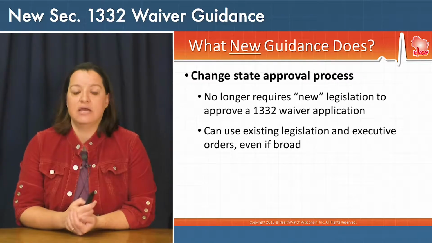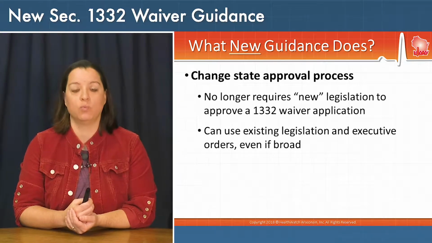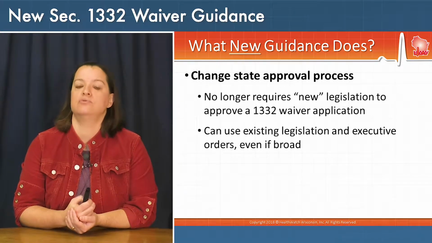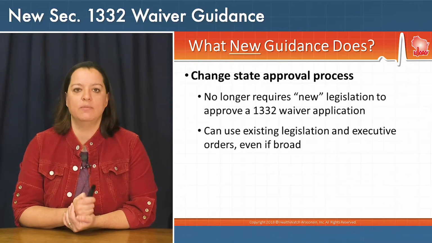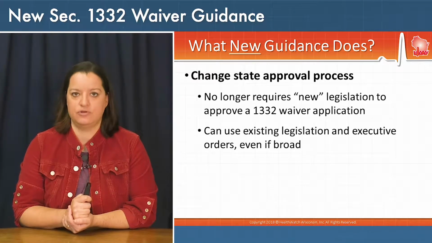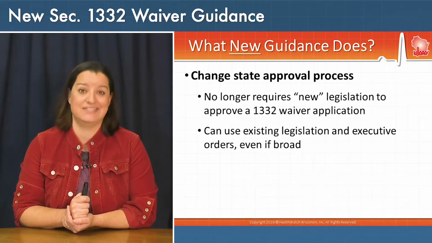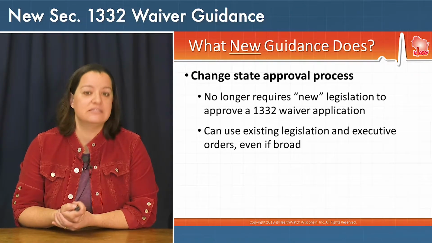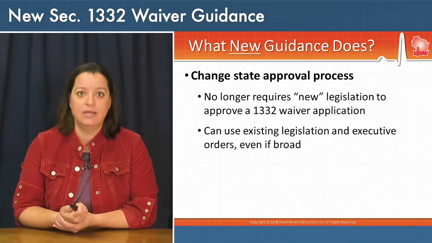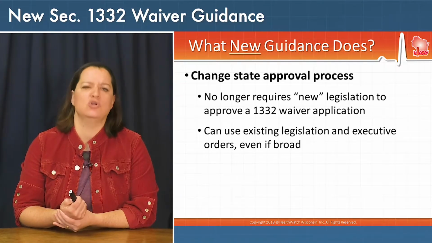Now, the state law that implements 1332 waivers, that rule that's in the 1332 waiver right now, is going to be changed as well. There is a requirement that if you're going to be a state that implements a 1332 waiver, your legislature has to sign off on it and your governor has to sign it into law. That guidance has been broadened here by saying, you know what, we no longer require new legislation.